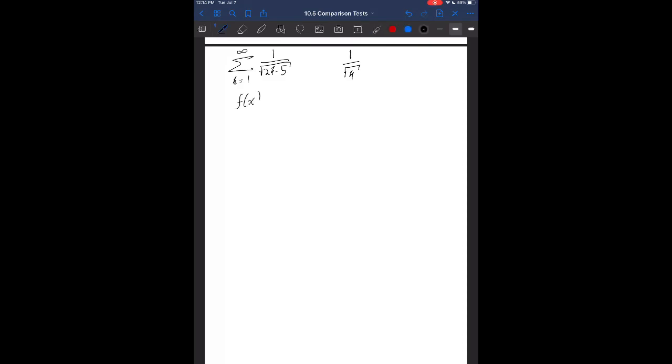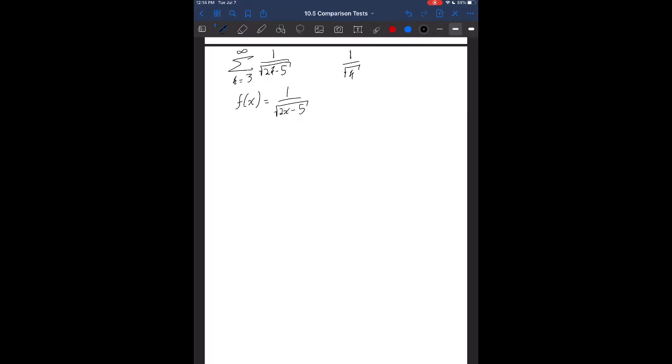Well, let's test this and take some integrals. So our function f of x is going to be 1 over the square root of 2k minus 5. Great. Actually, sorry, this needs to be from 3 so that we don't have any divisions by zero, or square roots of negative numbers.